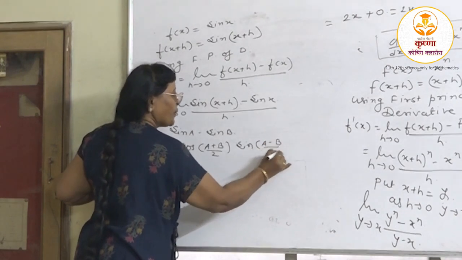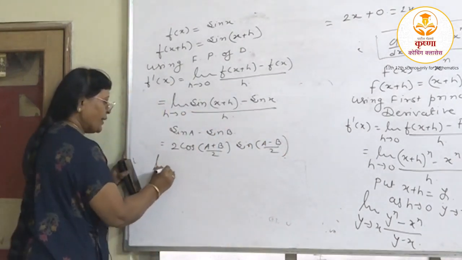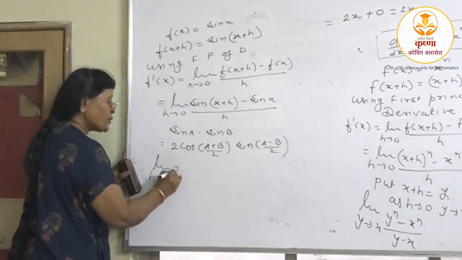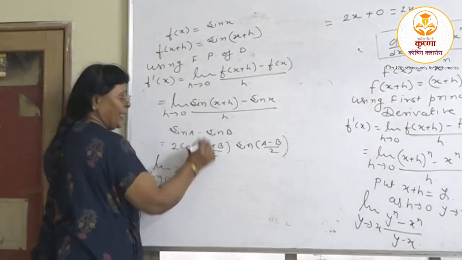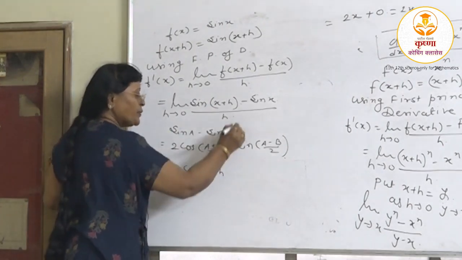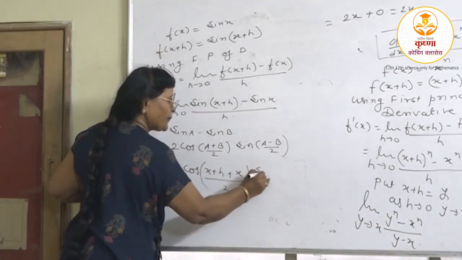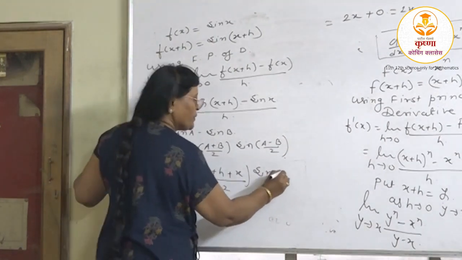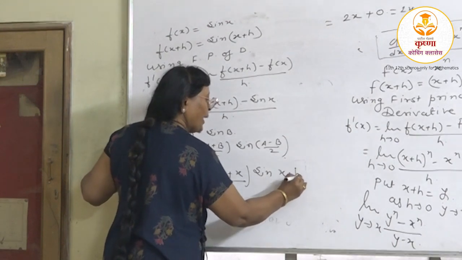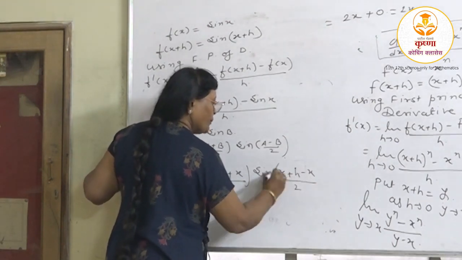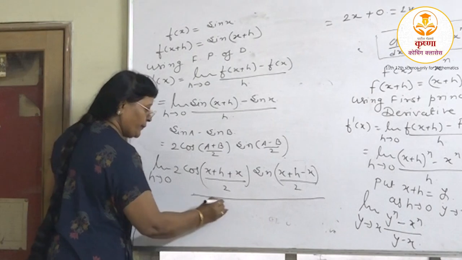By using this formula here, limit h tends to 0, that is 2 cos of, what is a? x plus h. What is b? x, divided by 2. Here sin of (x+h minus x) divided by 2, divided by h.